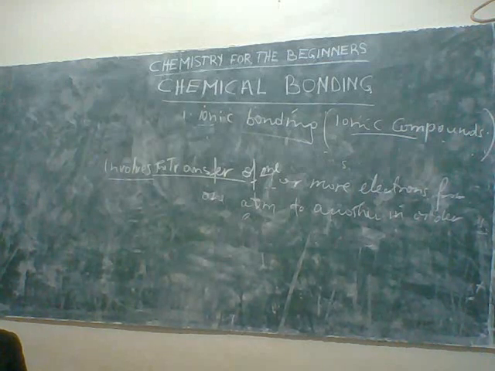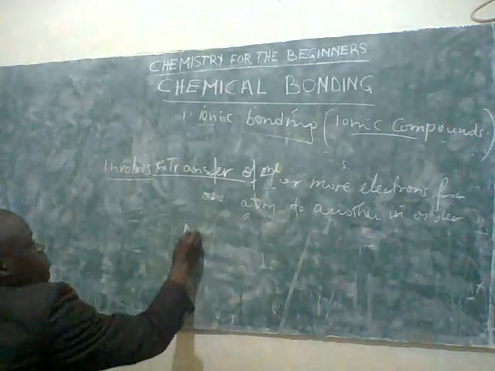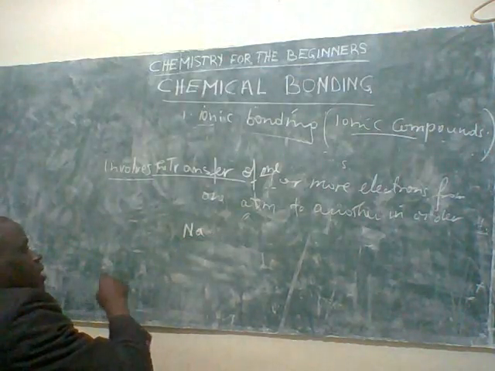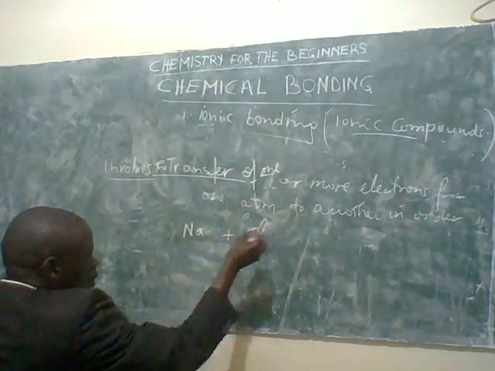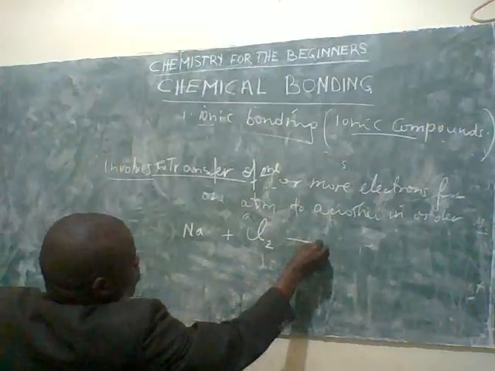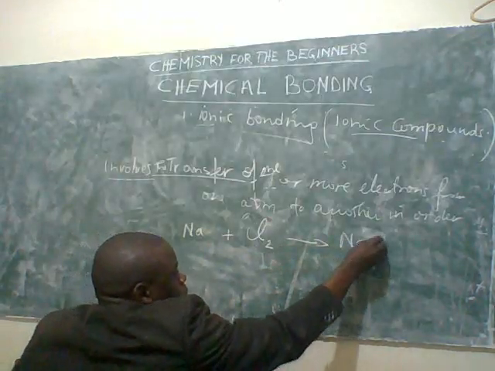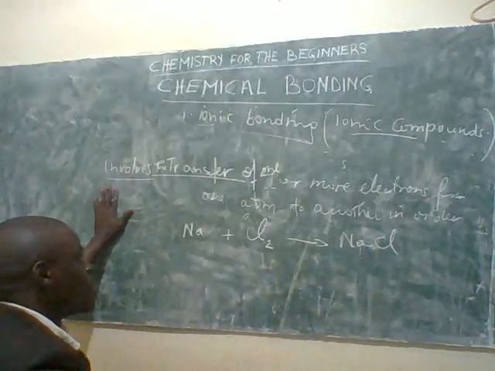So, for example, let me give you an example. Here we have sodium. When sodium combines with chlorine like this, they produce sodium chloride.